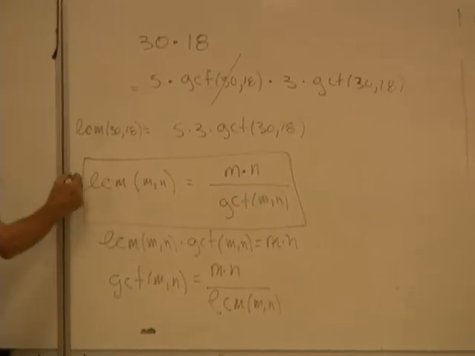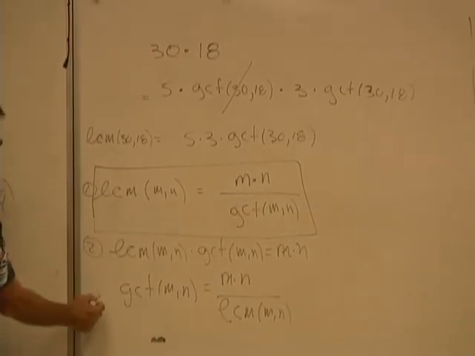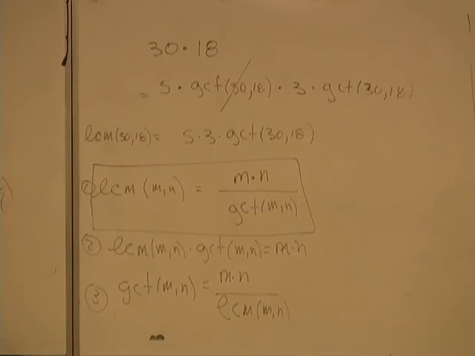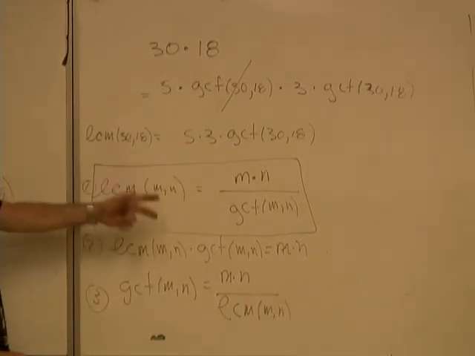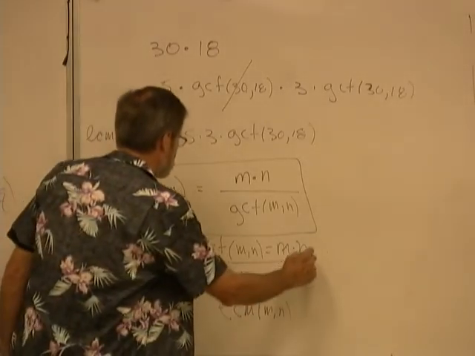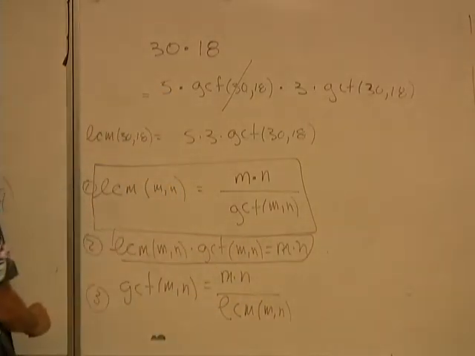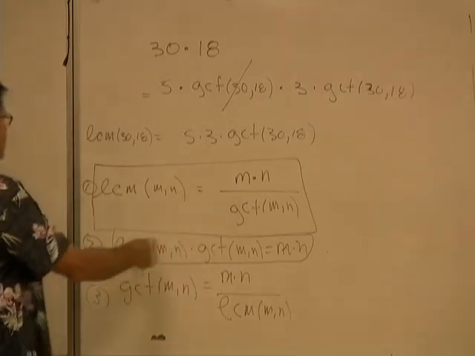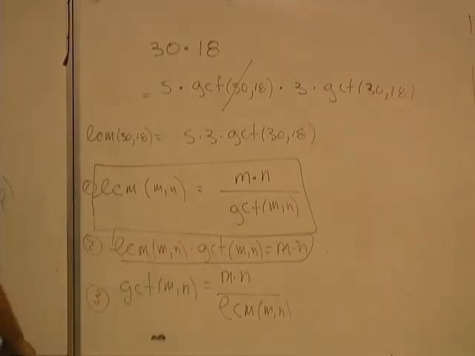This is all the same equation, just solving for either the least common multiple or the greatest common factor. There are really only two on this list. You can write the LCM this way or the GCF this way. The other one that I meant to write, you can write the product this way: m times n. All of those are exactly the same equation.